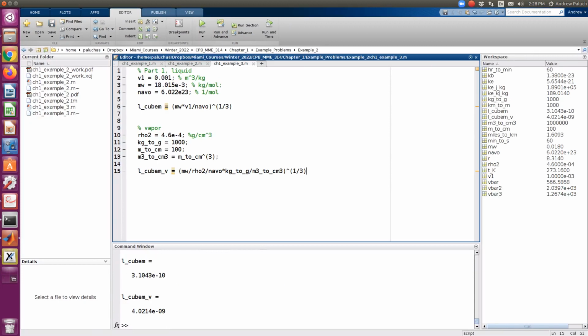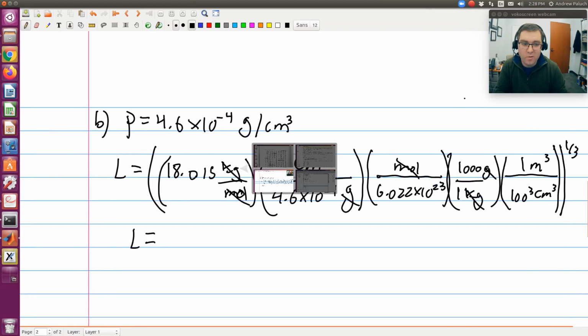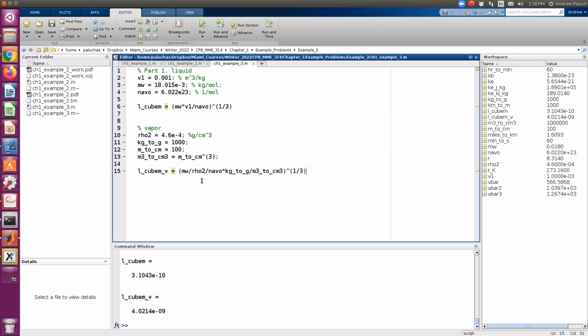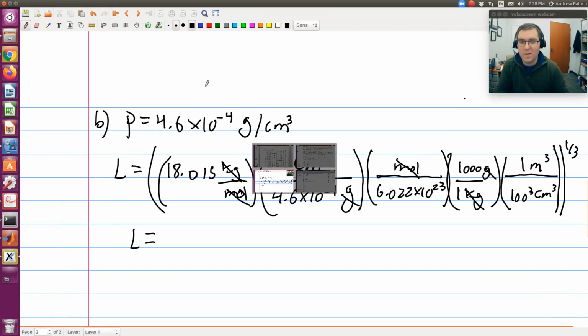So now for the vapor phase, does this look right? I've got to check my units here and make sure I've got everything.